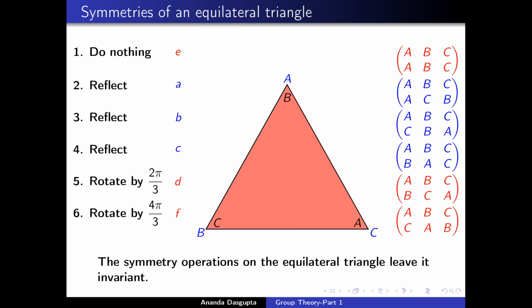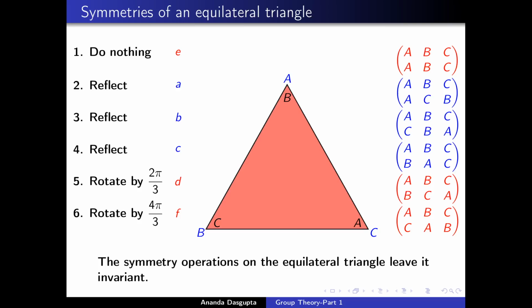So we see that the set of symmetry operations of this equilateral triangle has 3 reflections, the ones labeled A, B and C, and 3 rotations, a 0 degree rotation, a 120 degree rotation, and a 240 degree rotation. Of course, you might say, why don't we keep on doing the rotation over and over again?